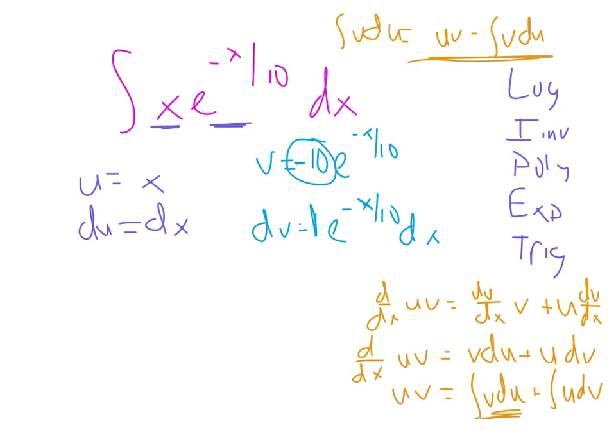So uv, so negative 10x e to the negative x over 10, minus the integral of v, sorry, not dv, negative 10 e to the negative x over 10 du. So those negatives will cancel.